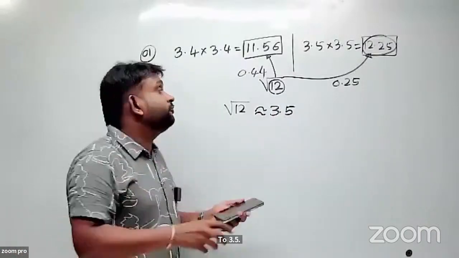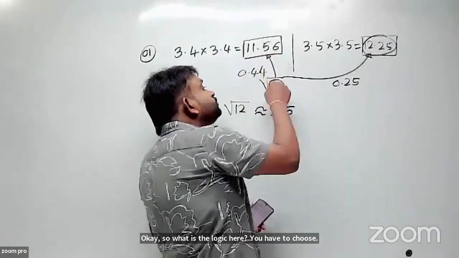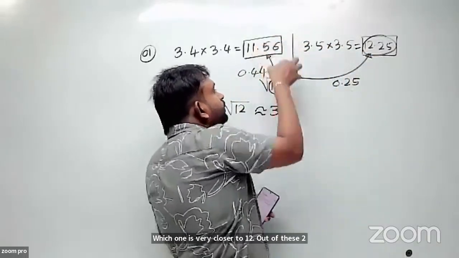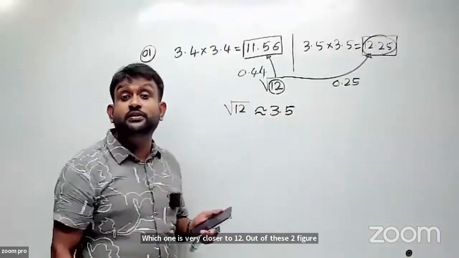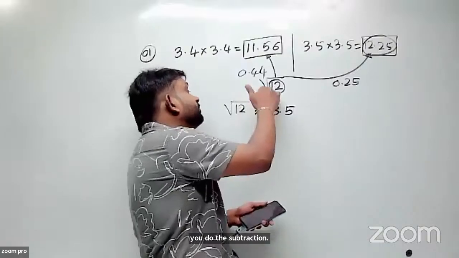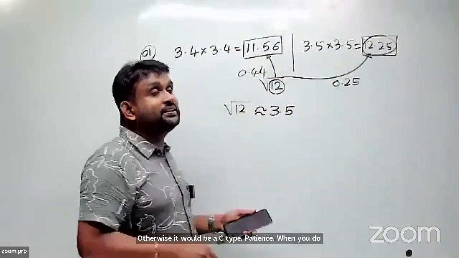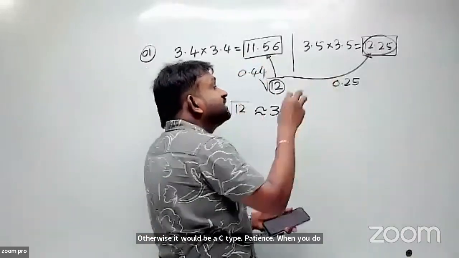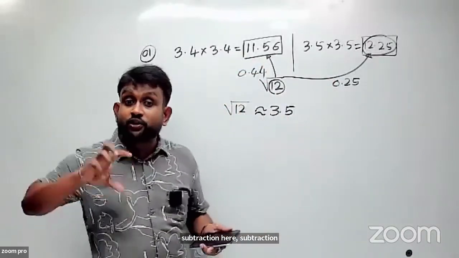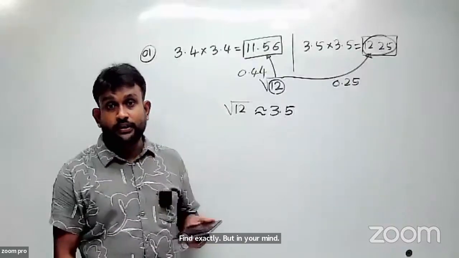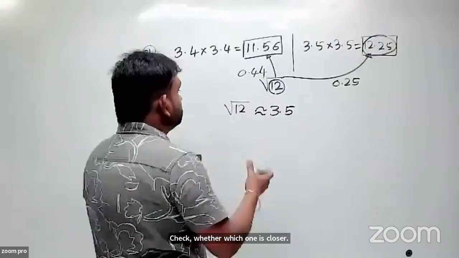You have to choose which of these two figures is closer to 12. Check the difference from 12, but do the subtraction in your mind, otherwise it becomes a long calculation. These values are not compulsory to find exactly, but in your mind check which one is closer. Then this is the answer, 3.5.